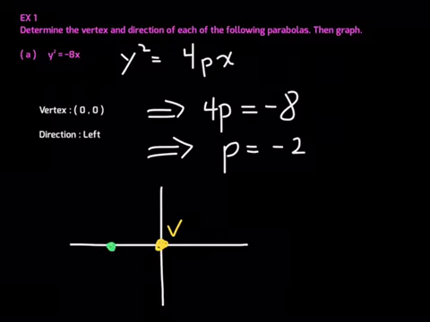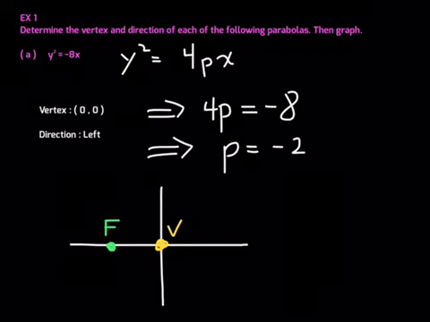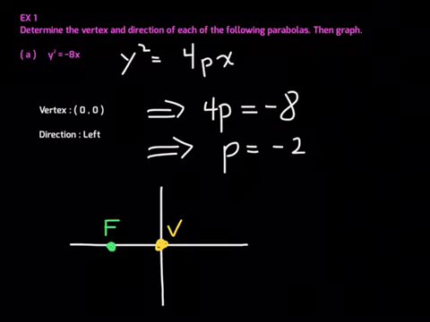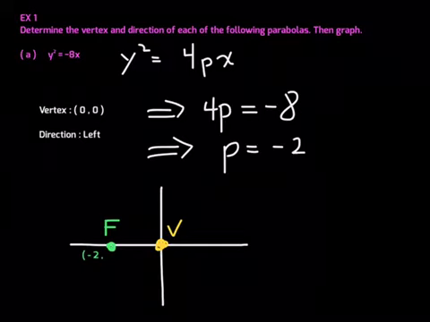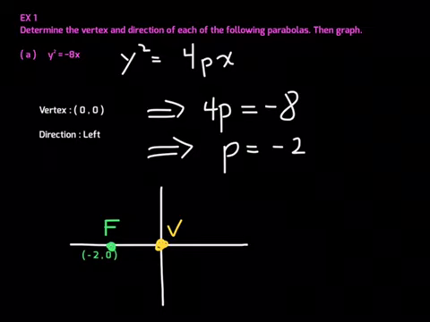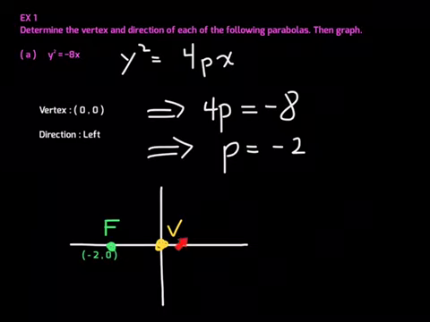Right here, this is your focus, right? The coordinates for that focus, because it lies right on the x-axis, is negative 2, comma 0. All right. Now, the directrix is a vertical line, right? It's a vertical line, 2 units to the right of the vertex.